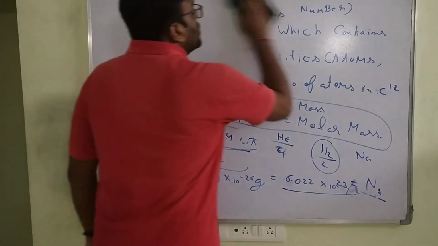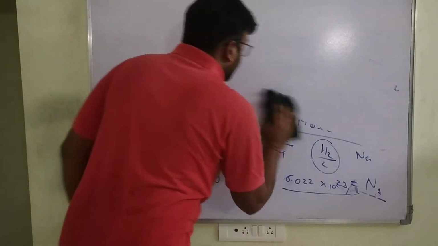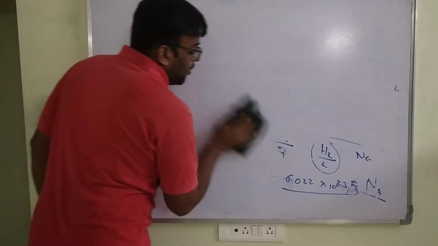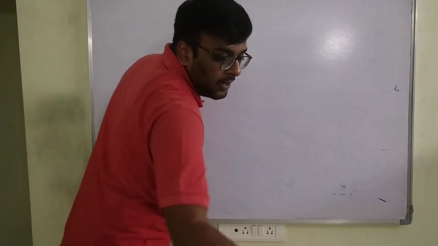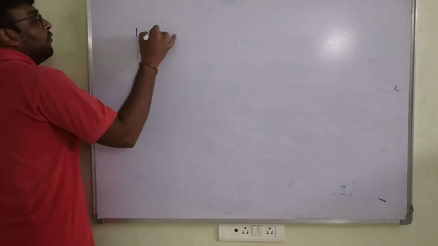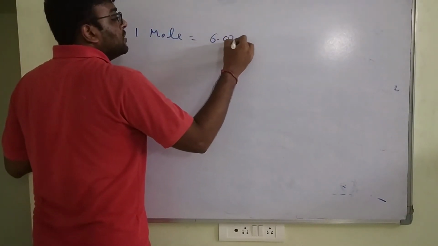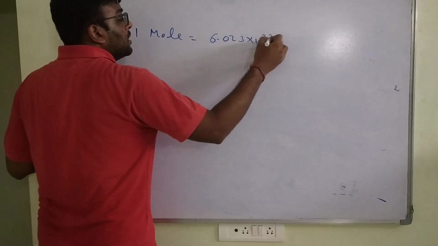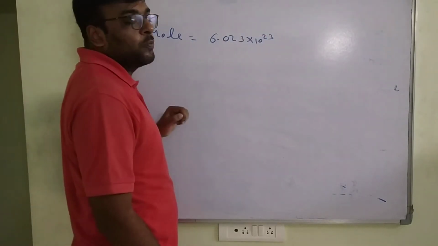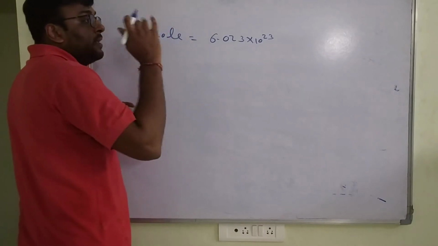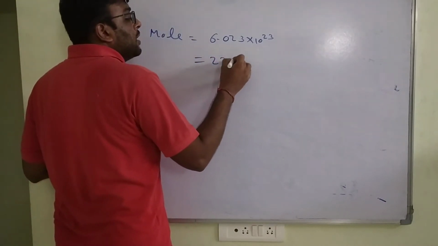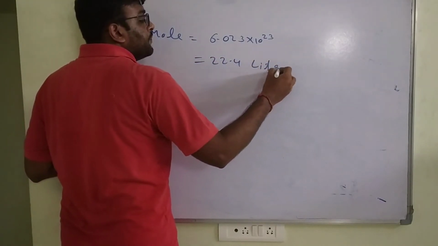Look at over here, the one basic relation. Today I am doing the basic relation. There are two kinds of formula to relate. For numerical purposes, one mole is 6.023 × 10^23 molecules, atoms or ions, which has a fixed volume of 22.4 liter.